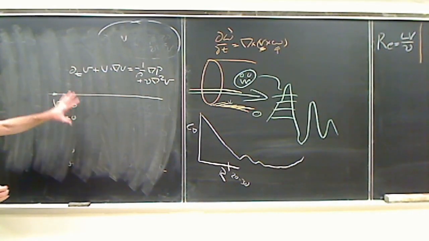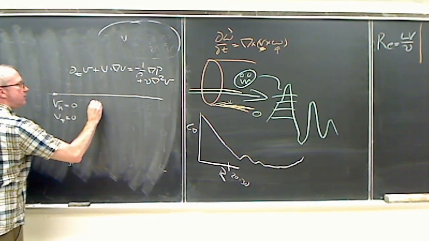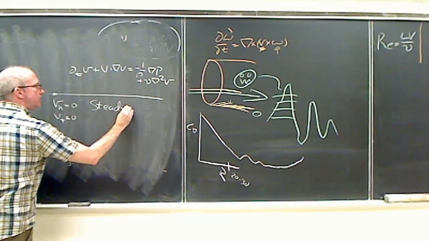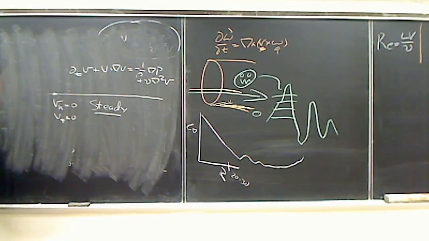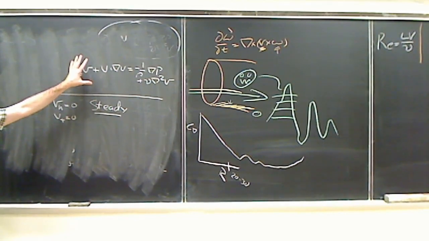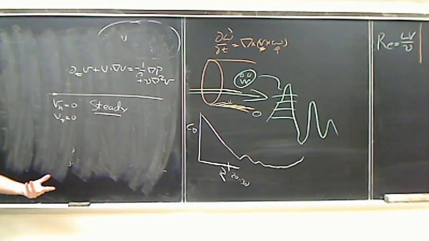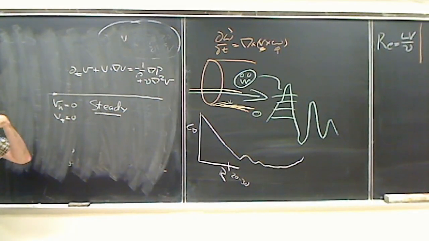Now we're going to look at this equation. Let's expand it out again. We're going to assume that we're in steady flow, and steady flow means the partial time derivative of velocity goes away. It's not static. There is still a velocity. It is still going to accelerate in space, but not in time.